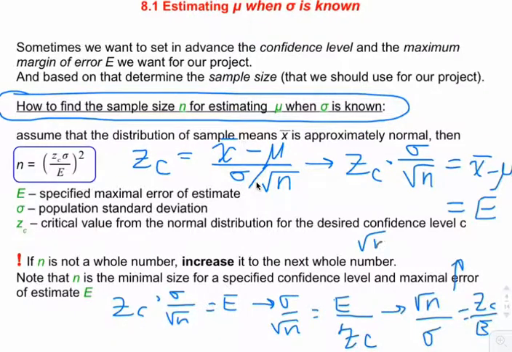The square root of n equals ZC over E times sigma. And then, of course, you have to square both sides. So we end up with this. So that's how we get that.